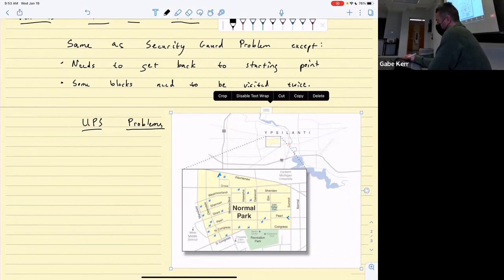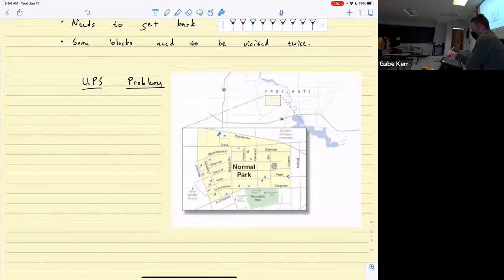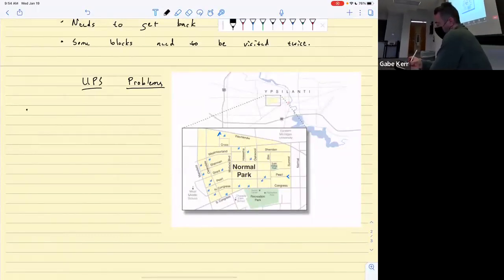They don't have to go on both sides. They do run across streets all the time, double park. But they do have an entry point and an exit point of the neighborhood. And they have places they have to stop, and some places they don't have to stop. So for the UPS variant, only certain blocks need to be visited once.